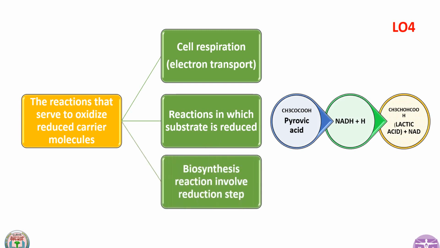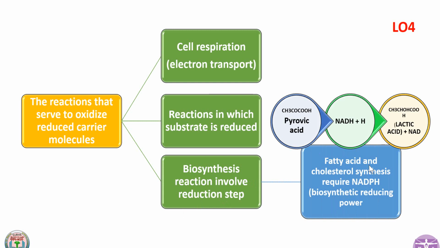Or the molecule is converted from oxidized to reduced form during biosynthesis reactions involving reduction steps, such as fatty acid and cholesterol synthesis, which require NADPH. During this, there is a biosynthetic reducing power.